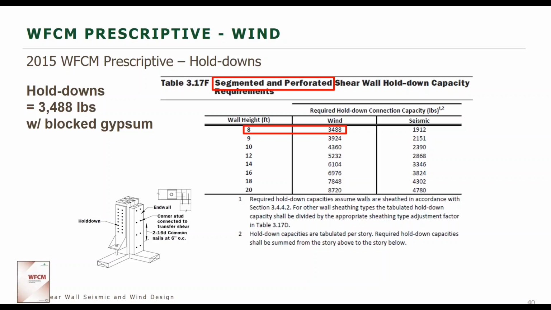For the engineered approach, we're allowed to use 60% of the dead load to resist any uplift for that hold down. And in the wind and seismic provisions, there's no criteria really for the amount of dead load.